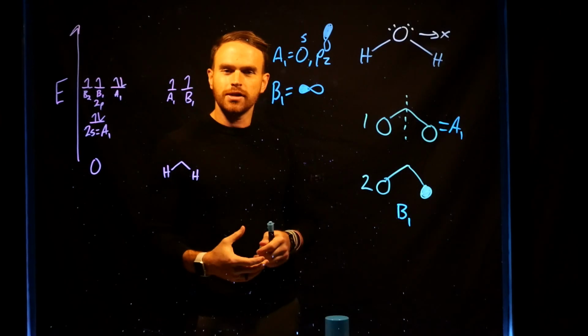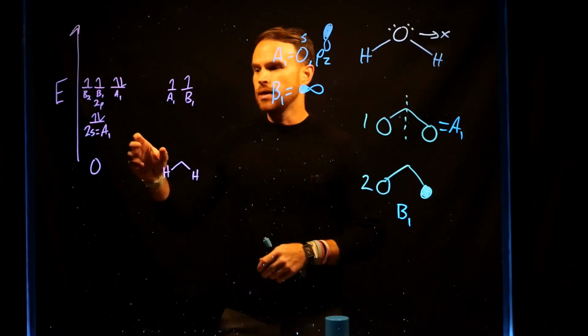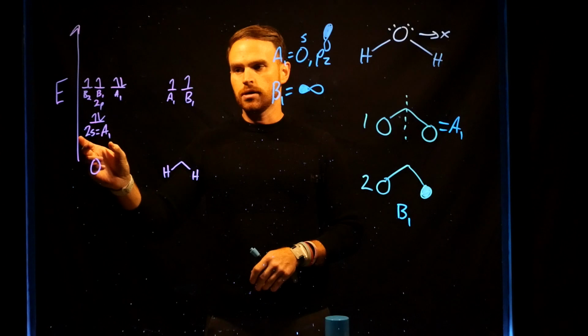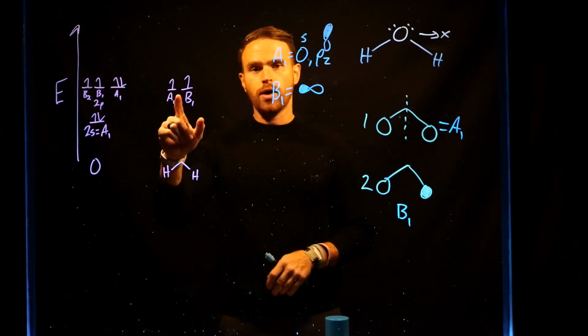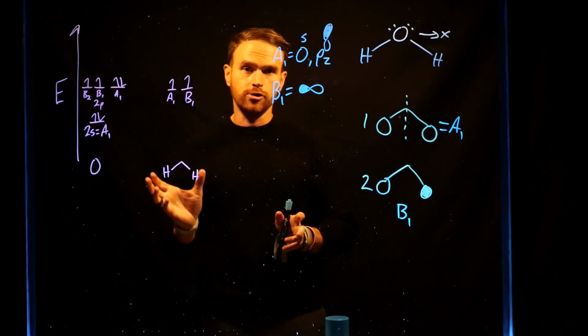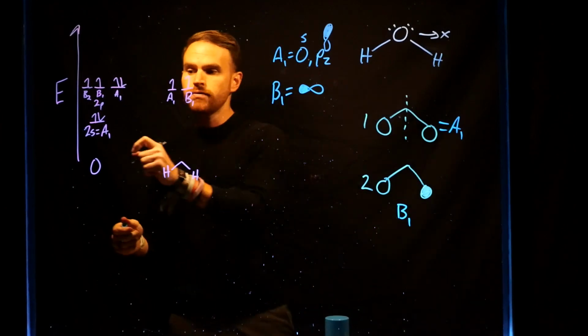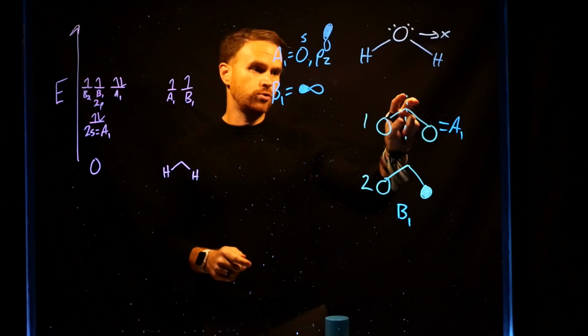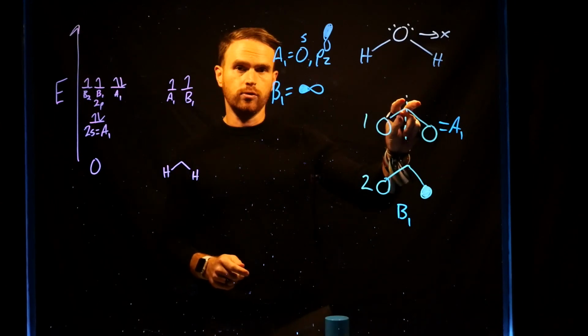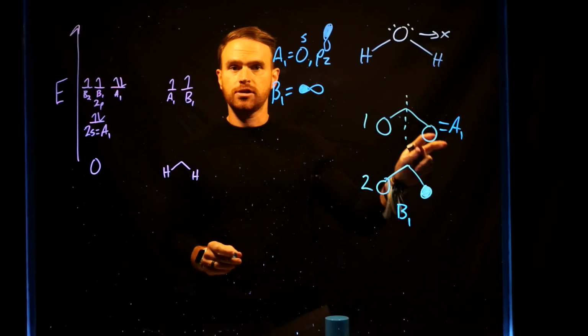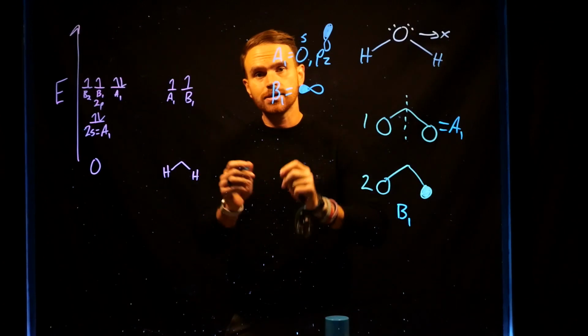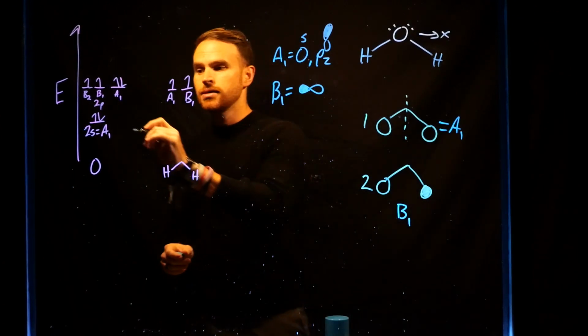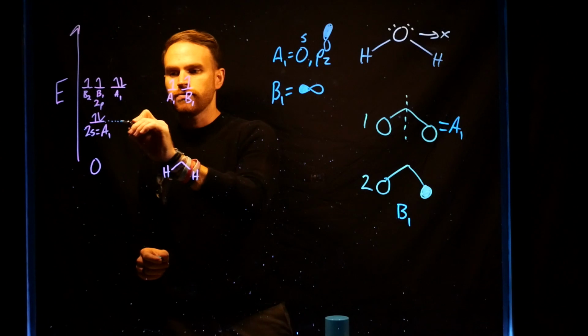So as you just saw in the diagram that I displayed, the s orbital on oxygen is too low in energy to interact with the s orbitals of the hydrogen atoms. So therefore, even though this has the right symmetry as an A1 interaction, and you can envision an s orbital right here being able to match symmetry-wise to make a bond, because the energy difference is so great, this is actually not going to have any sort of interaction.